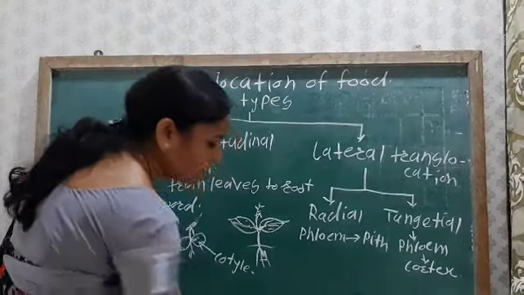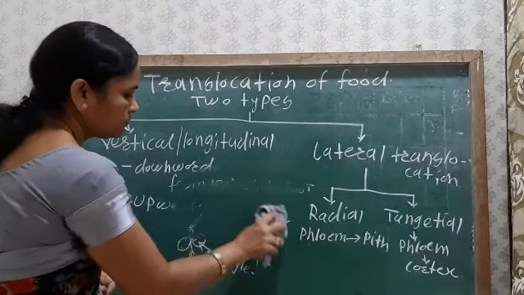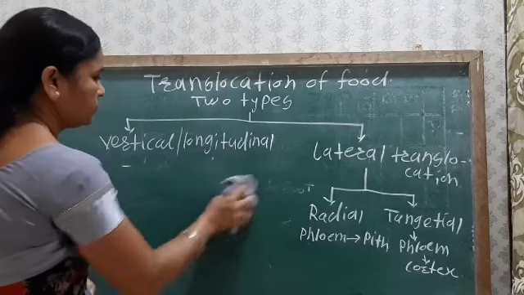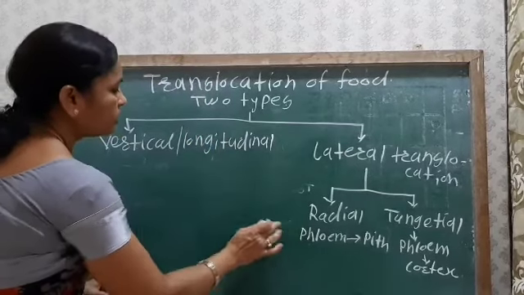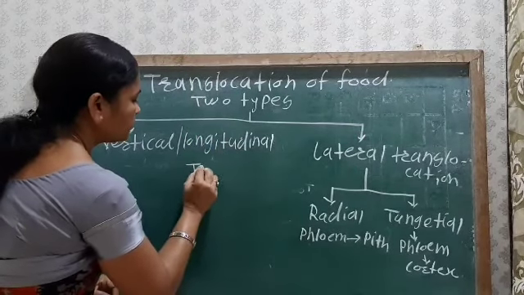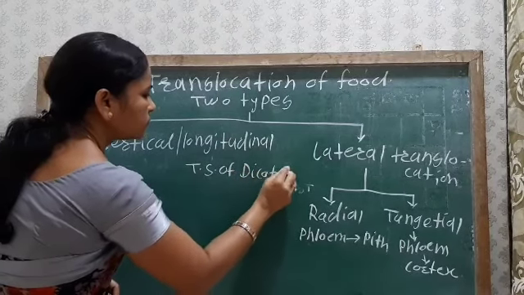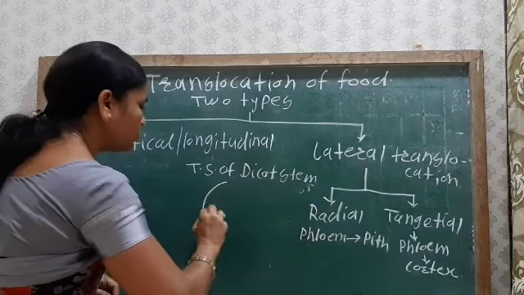If we see the TS of the dicot stem, we can see how the movement takes place.